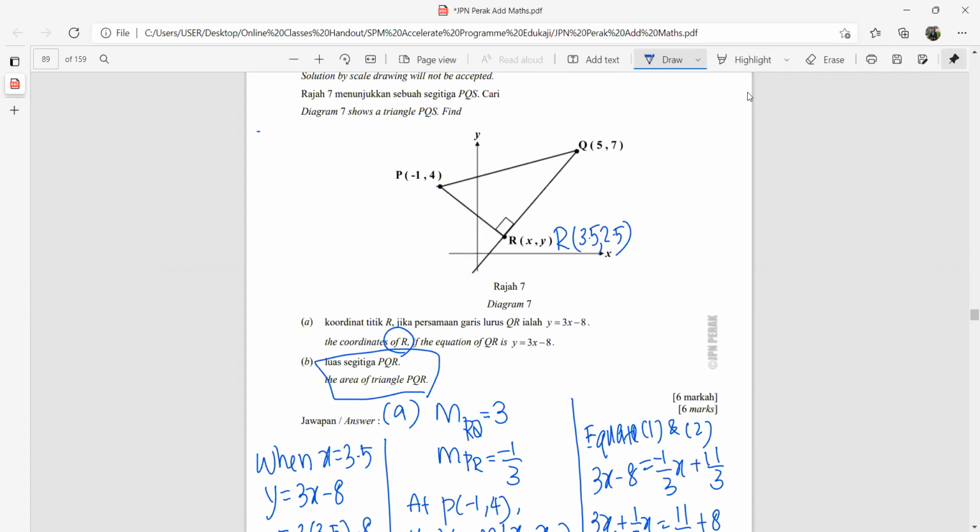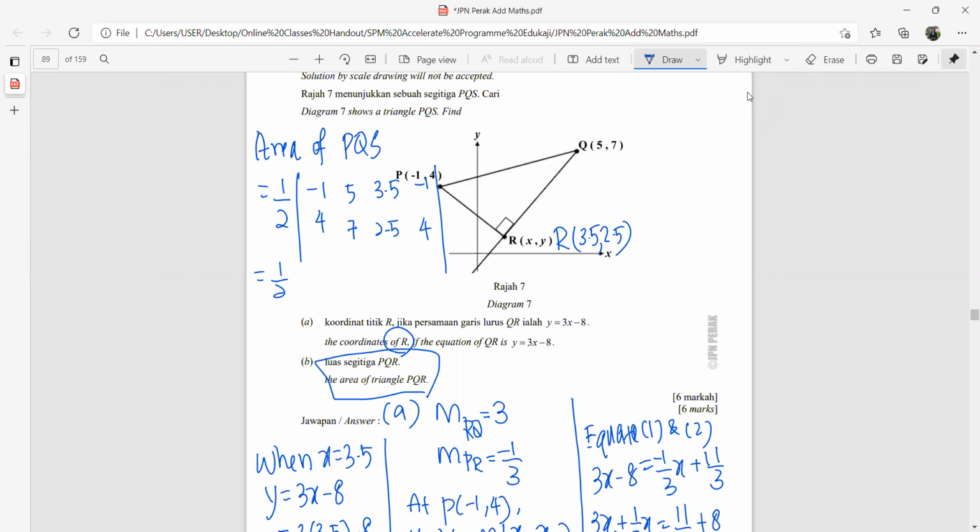And your job is to find the area of the triangle PQR. So the formula is 1 over 2. Put it in: negative 1, 4, 5, 7, 3.5, 2.5, negative 1, 4.